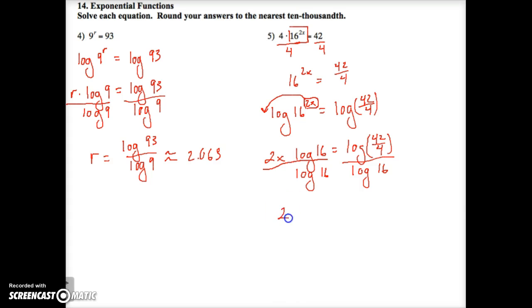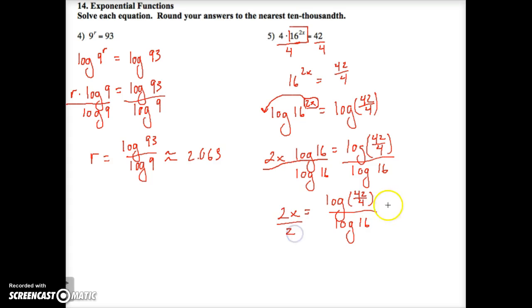And so I get 2x equals log of 42 over 4 divided by log of 16. And again, I want to get x by itself, so I'm going to divide both sides by 2.